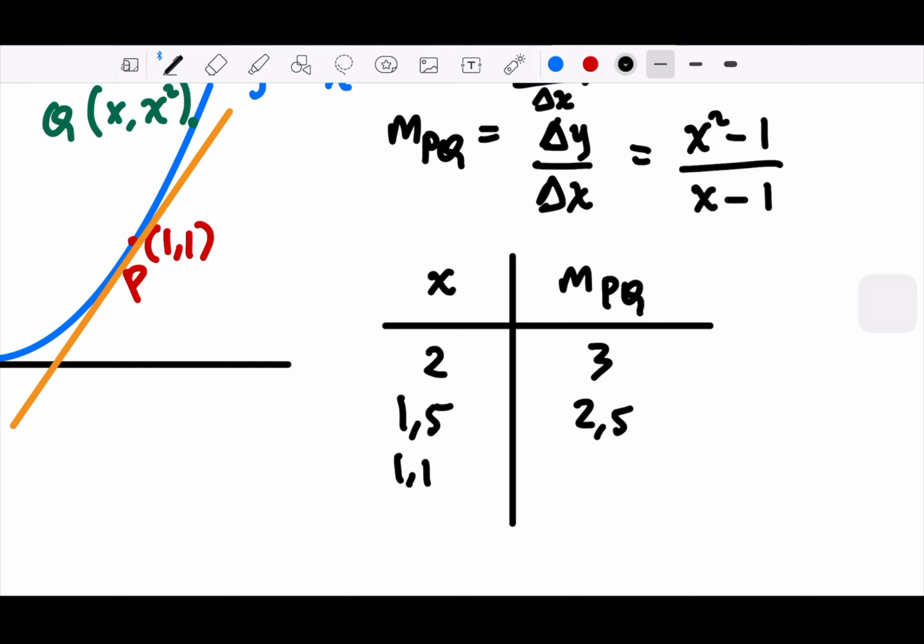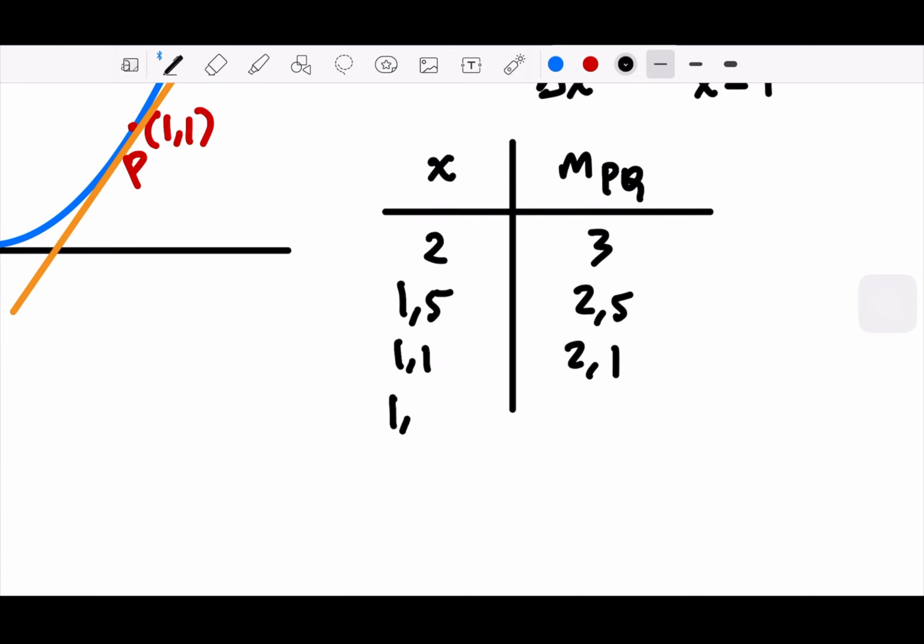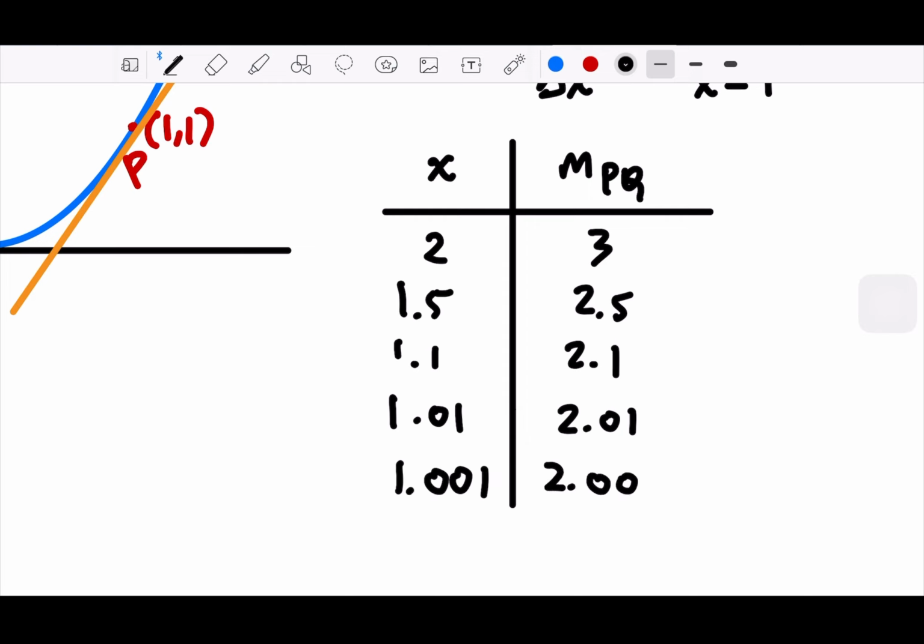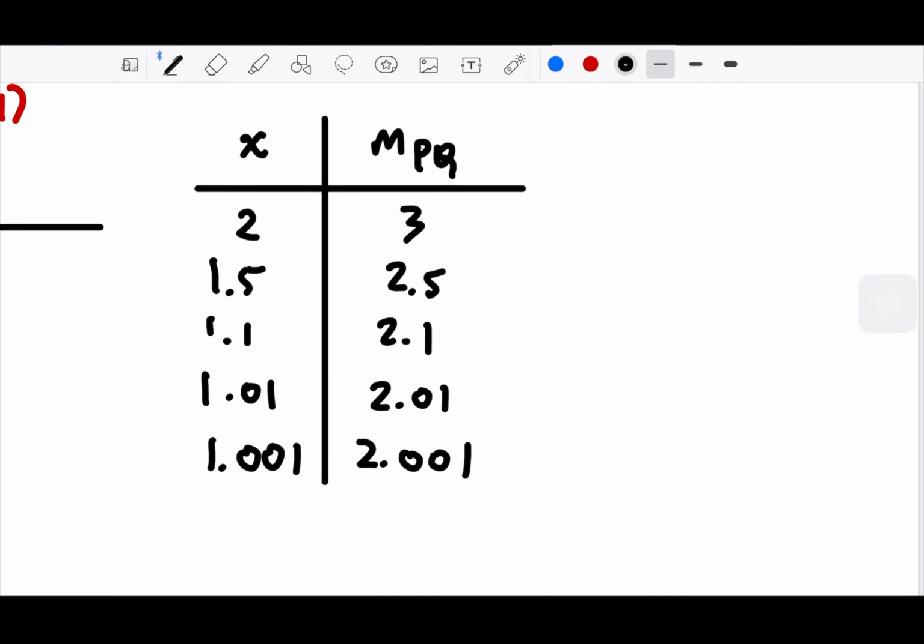And then we can put values nearby 1, to make it the same, so 1.01, this is 2.01, and then 1.001, 2.001. Okay.